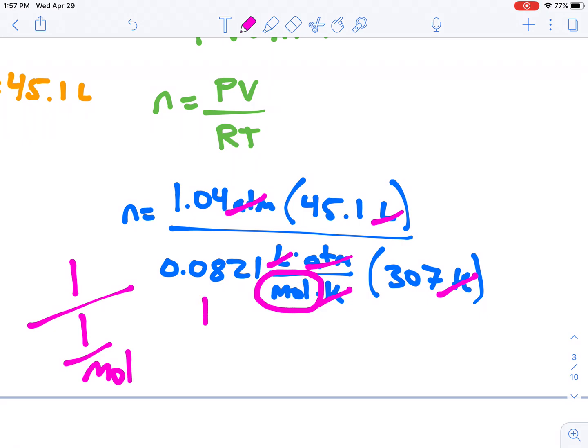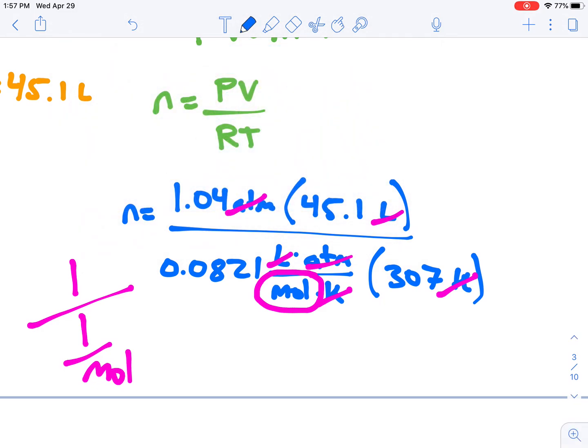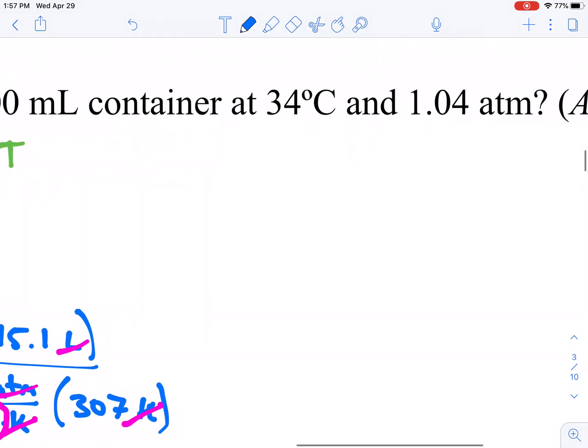Or, said another way, 1 over inverse moles. And how do you get an inverse out of the denominator? Well, you multiply by its reciprocal. So really, and it's easier to see this here, if we want to get this moles out of the denominator, we really multiply it up, and this is the same as 1 over 1 over moles is the same as simply moles in the numerator. So actually, even though moles looks like it's buried deep in the denominator, it's actually in the numerator.